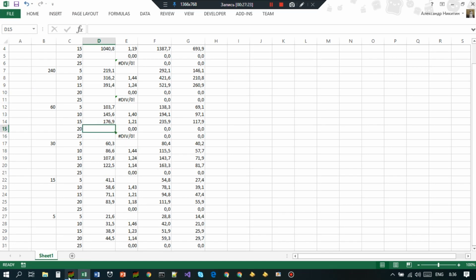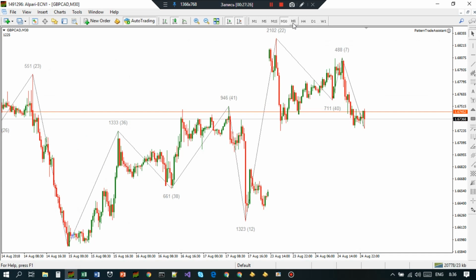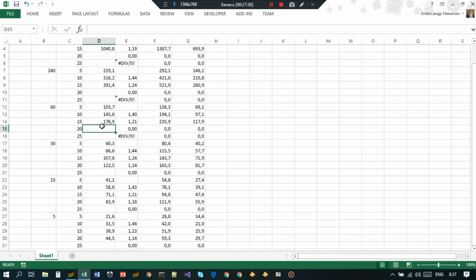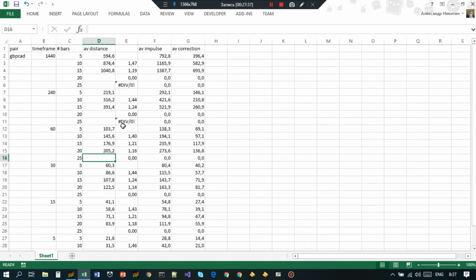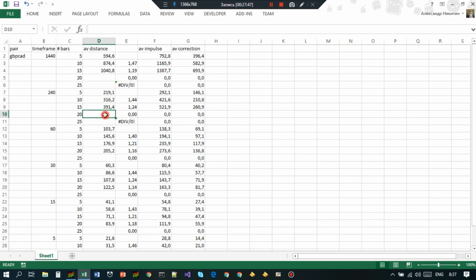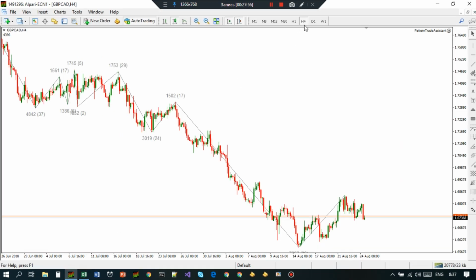We'll switch to 1 hour. It is 2052, 1.16. Okay, then we switch to 4 hour. It is 439.6. So we have 1.12, and let's switch to daily.